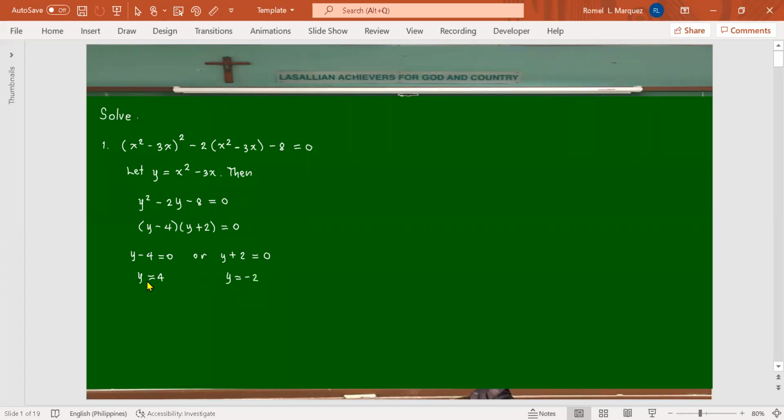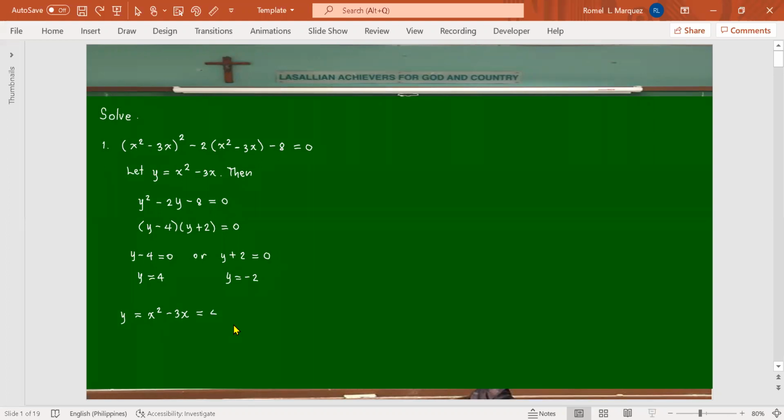Then you are going to replace y by 4 and later y by negative 2 in the representation that we had. We know that y is equal to x squared minus 3x, right? But this is supposed to be equal to 4.